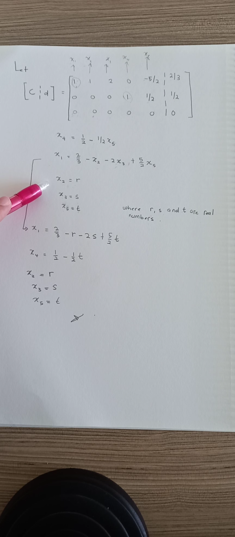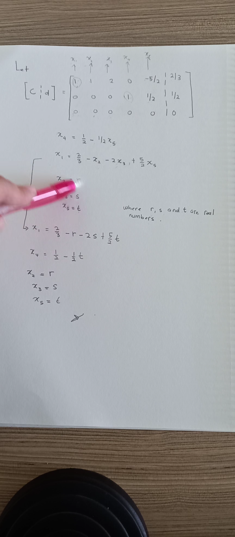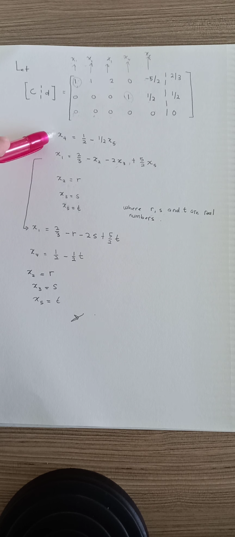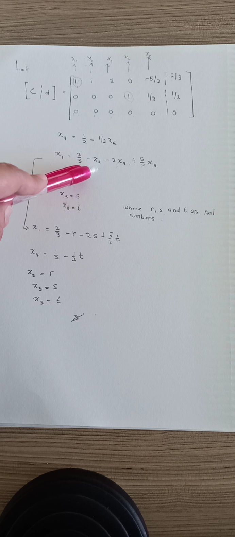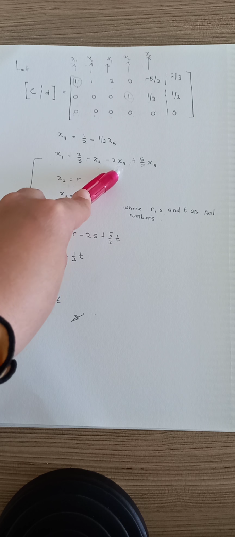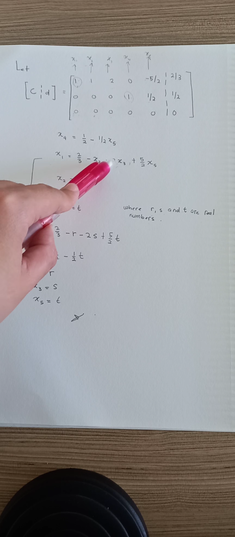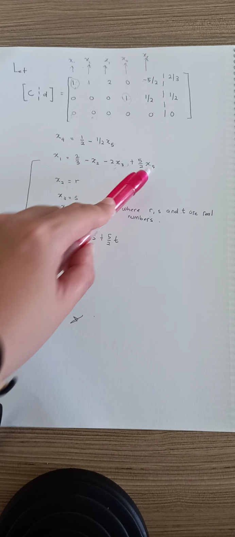So since we have defined x2 as r, x3 as s, x5 as t, all these values we insert into x1 and x4. Now x1 is 2/3, and then minus x2. Since x2 we have decided as r, put r. And x3 we have decided to put as s, then minus 2s, then x5 is t.